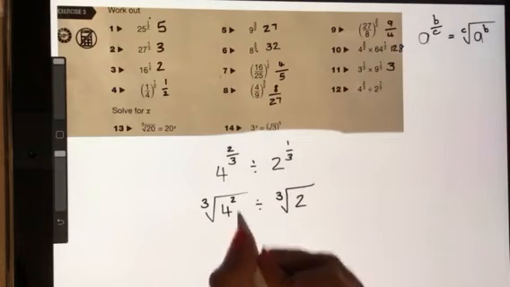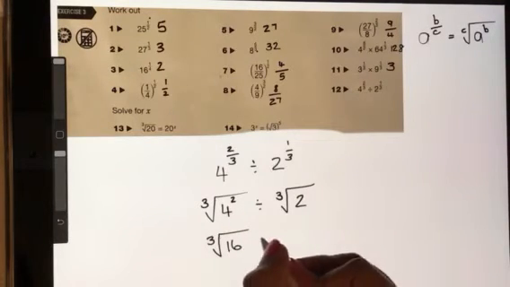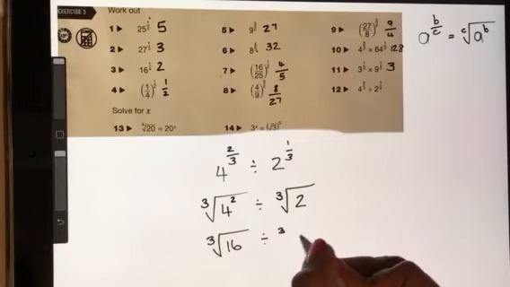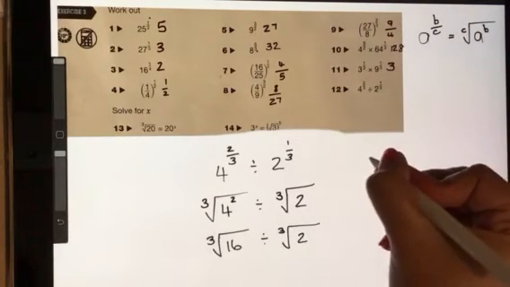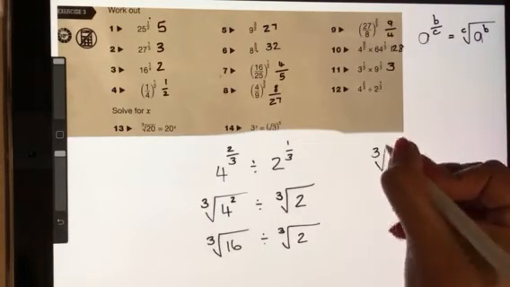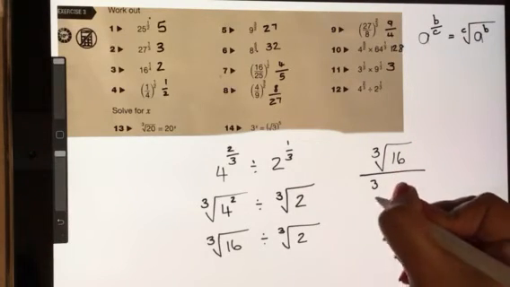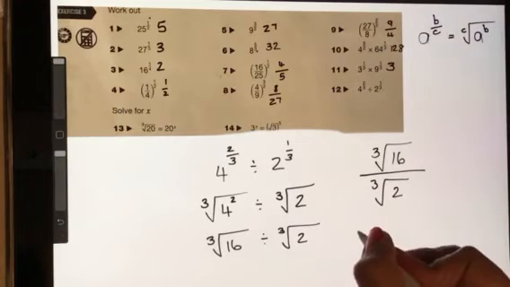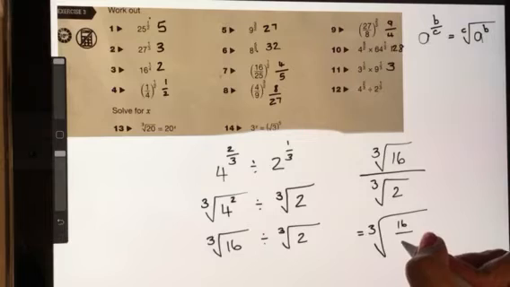Right, now 4 squared is 16, so we've got the cube root of 16 divided by the cube root of 2. Now, if I had to rewrite this in a different form, I can simply state that this is exactly the same as the cube root of 16 over 2.